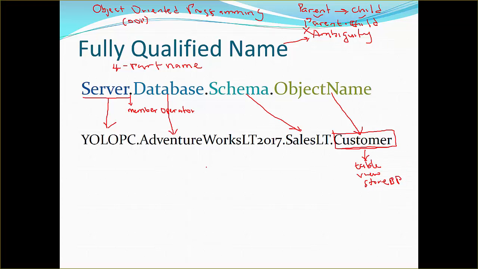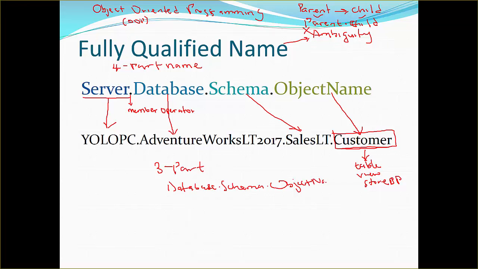In the same vein, most of the time your four-part name would not be necessary. Most of the time you'll be able to get by with just the three-part name, and you would have already guessed what it is. The three-part name is just the database dot schema dot object name.